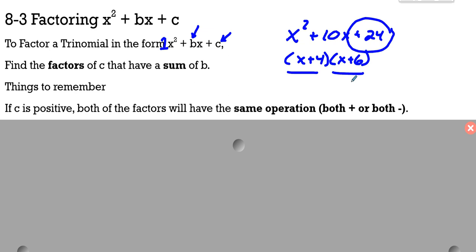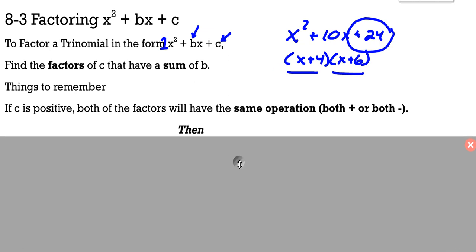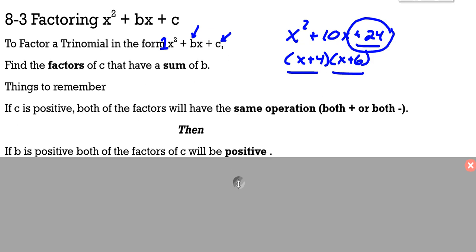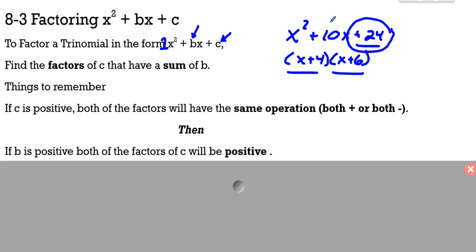If we look at the previous example, the previous slide, we had a subtraction and a subtraction in our binomials. To take that one step further, if we know that this is a positive, then we look at the first operation.